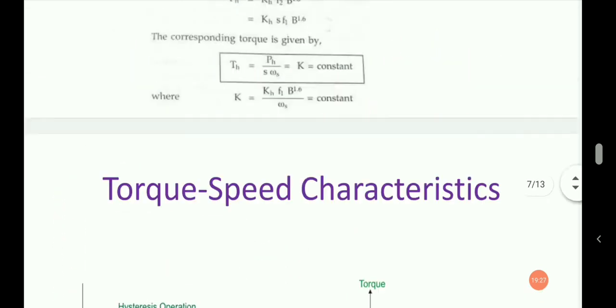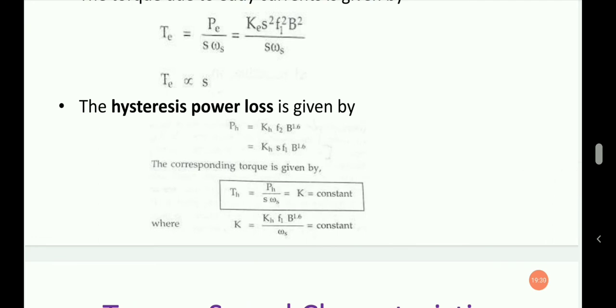From that equation of hysteresis torque, it is clear that hysteresis torque is independent of frequency and speed.